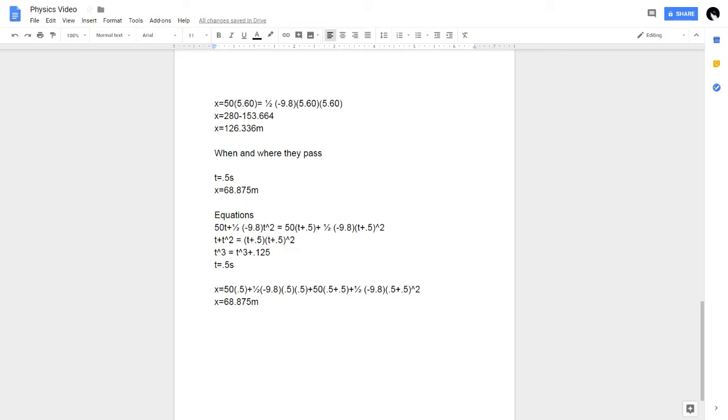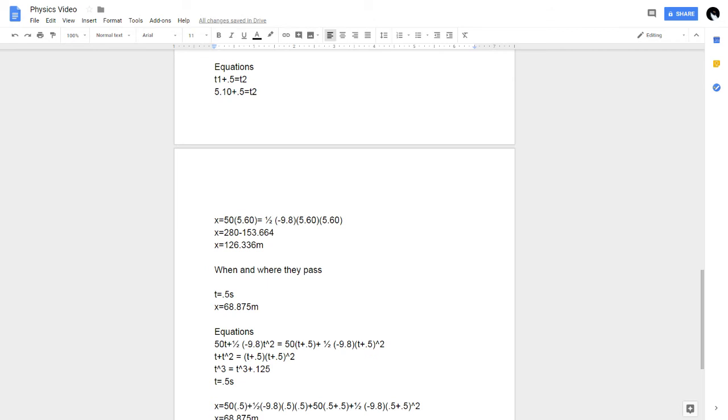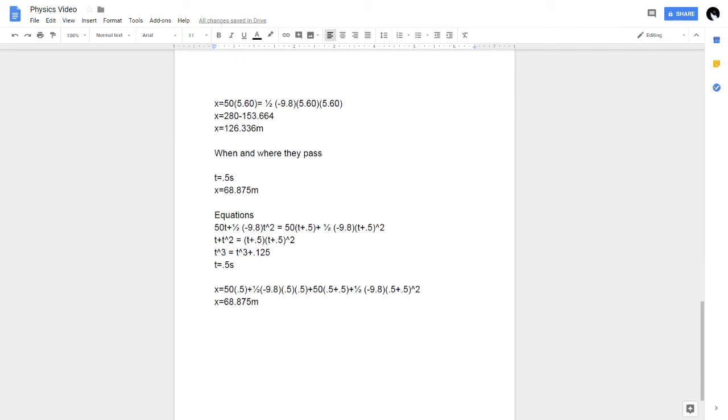A lot of these numbers can cancel, because the 50s are going to cancel and the 1/2 negative 9.8 are going to cancel. What we're going to be left with is t to the third is equal to t to the third plus 1.125. And when you take the cube root of both sides, you should get 0.5 seconds for the time. So when they pass is at half a second.